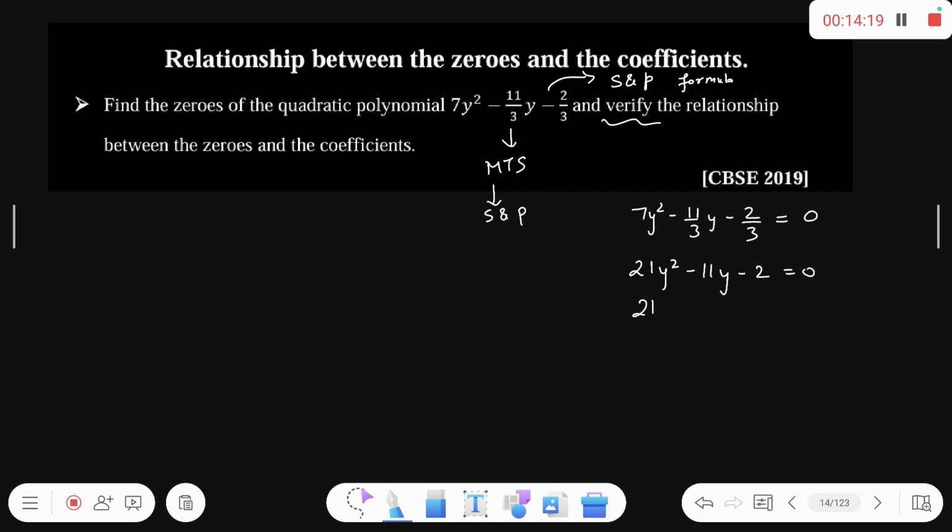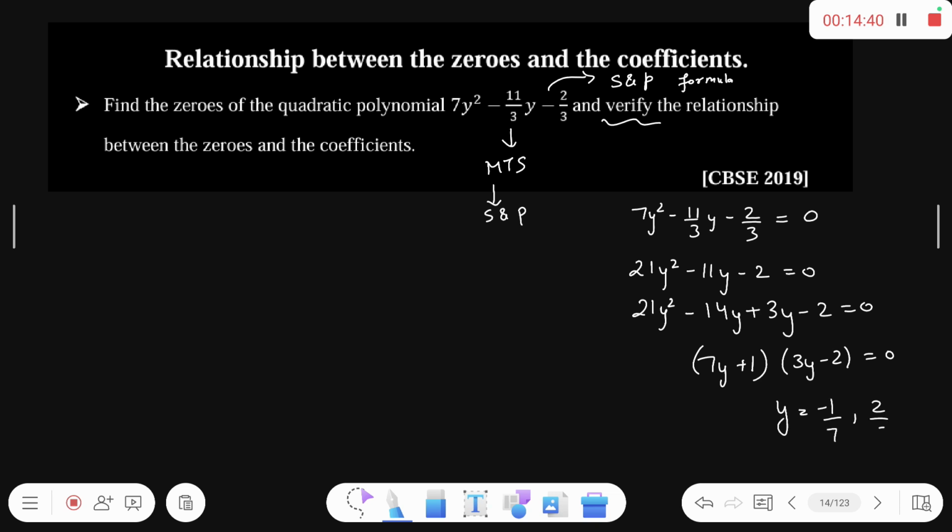Now splitting it, 21y square, 42 factors are 14 and 3, so minus 14y plus 3y minus 2 is equal to 0. On solving, we get (7y plus 1)(3y minus 2) equal to 0, or y is equal to minus 1 by 7 and 2 by 3.